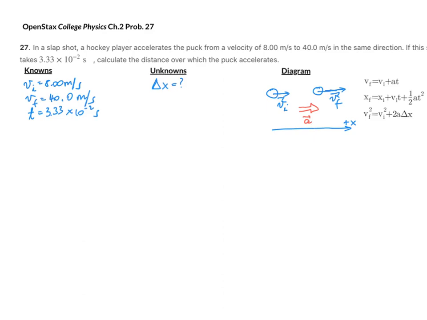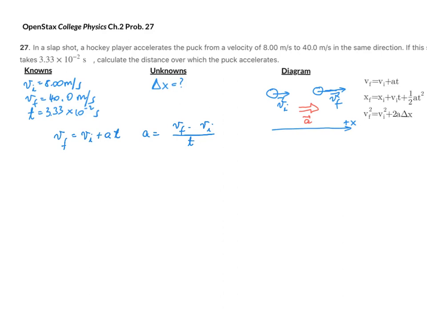The simplest one to use here is the first equation, because I know the initial velocity, the final velocity, and the time. So using this equation, I can solve for the acceleration. Let's do that first. I'm going to copy the equation over. V final is V initial plus a t, and I will solve for the acceleration. That will be V final minus V initial divided by t.